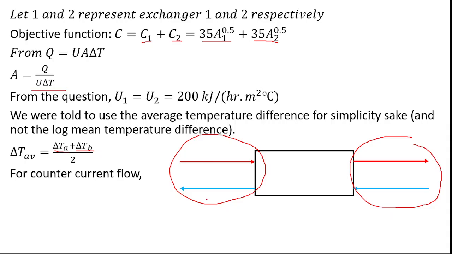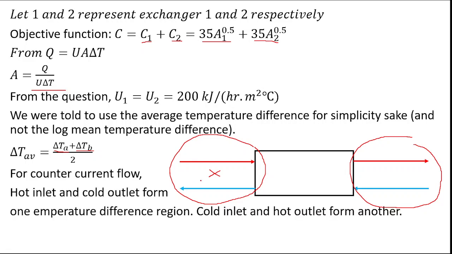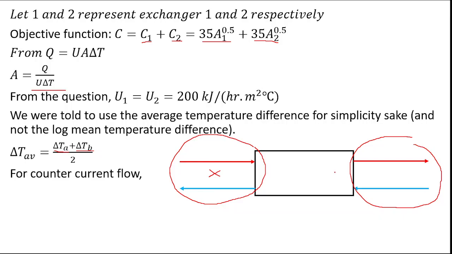For the first part, the change in temperature is going to be the temperature of the hot stream coming in minus the temperature of the cold stream coming out. And then the temperature at this side is going to be the temperature of the hot stream coming out minus that of the cold stream coming in.